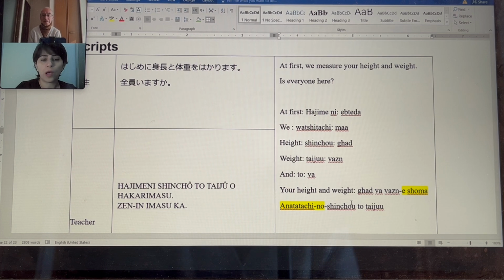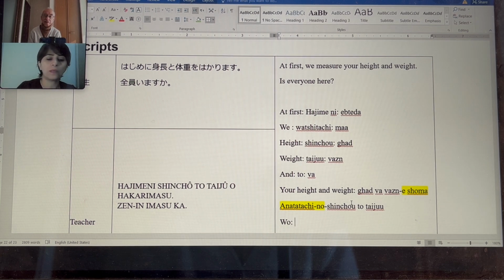Next one is O in Japanese. In English, there is no O. Which basically is like the object marker, right? Yes. Shinchou to taijou o.